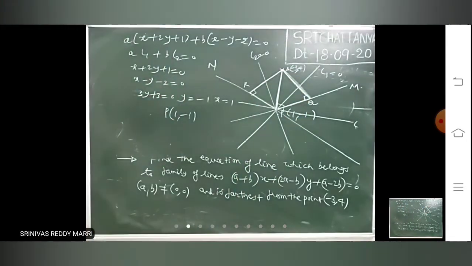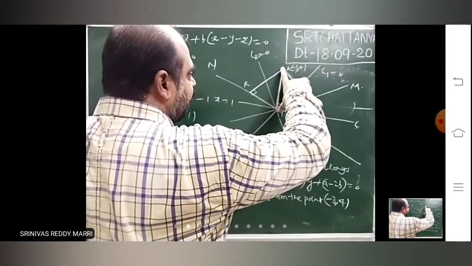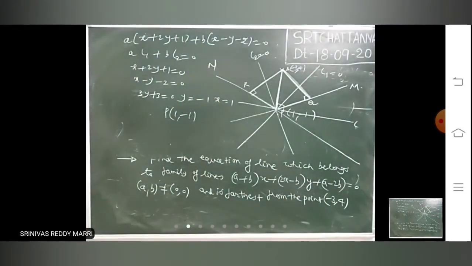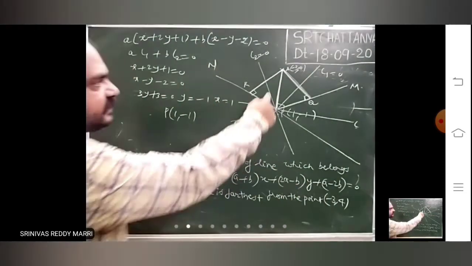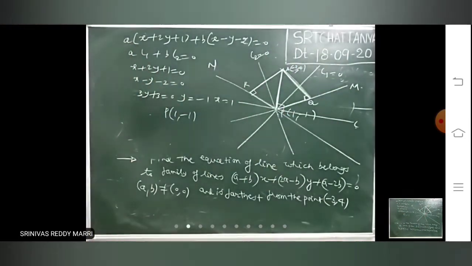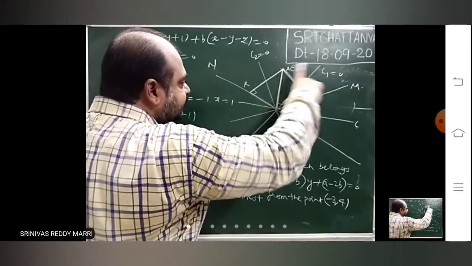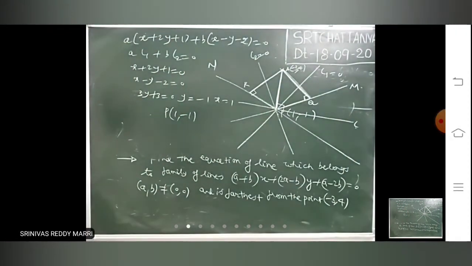That means hypotenuse will be more. That means the line which is required is nothing but perpendicular to AP and passing through P. That line will be farthest from this point among the family. There won't be any line in this family at more distance than this.